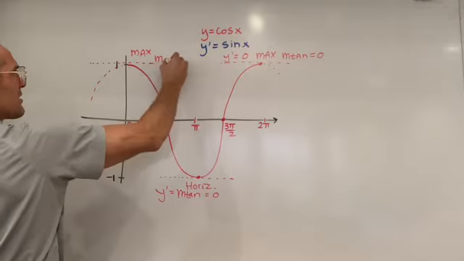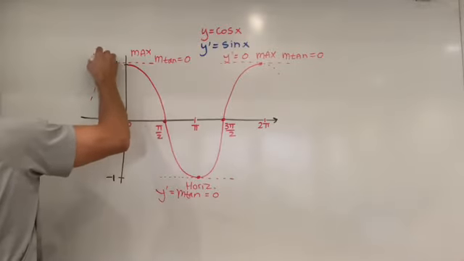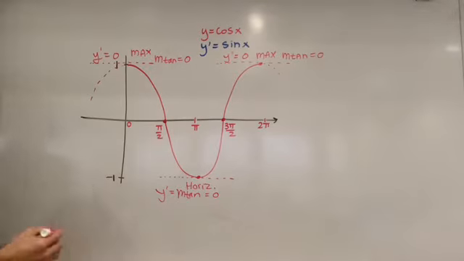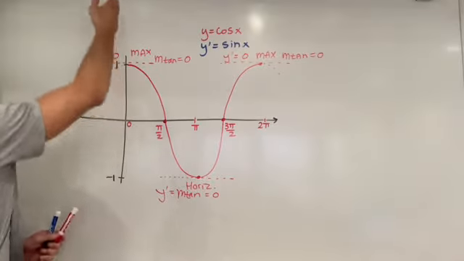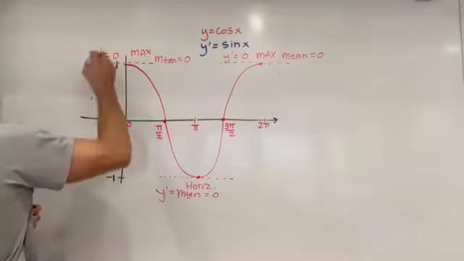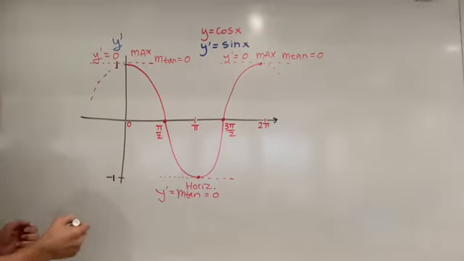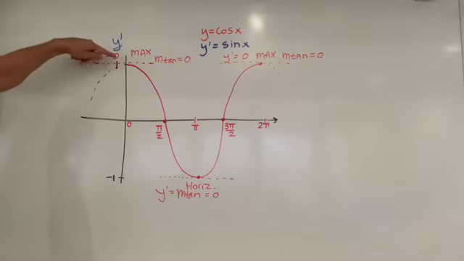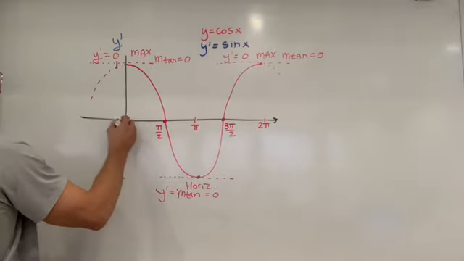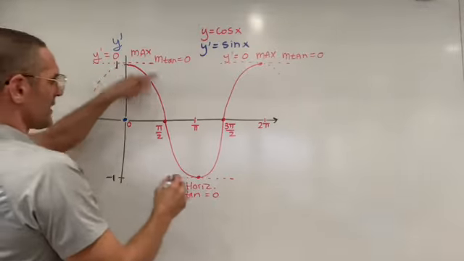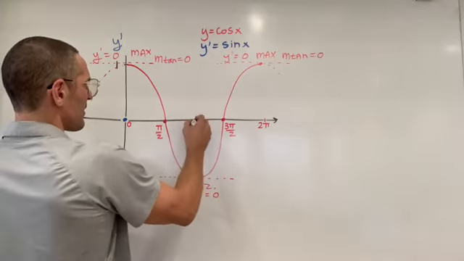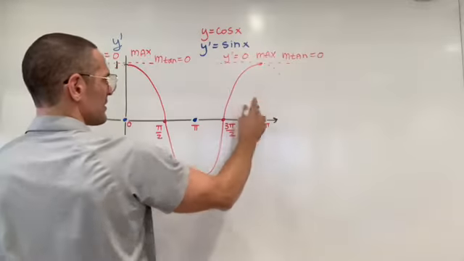So the slope of the tangent line equals 0, which is the same way of saying the derivative is equal to 0. If I switch the y-axis from y to y prime, I can tell you that the derivative will be 0 here, and 0 here, and 0 here.